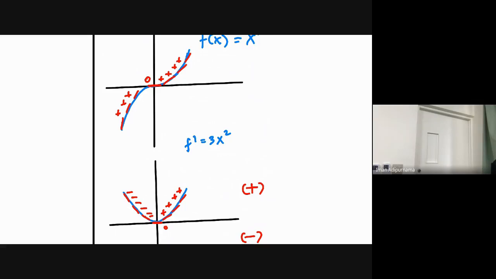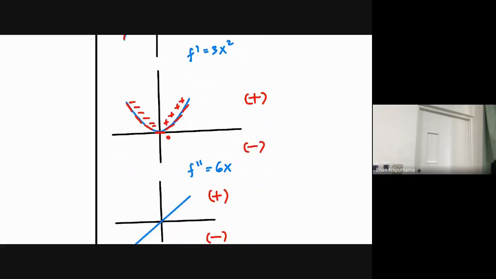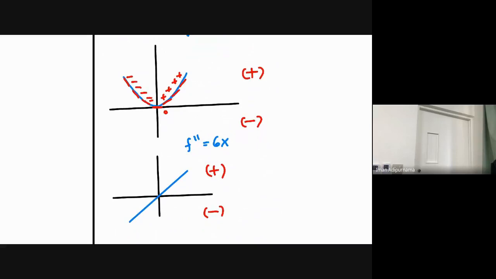But when we derive twice, we see that f double prime is changing from negative to positive.